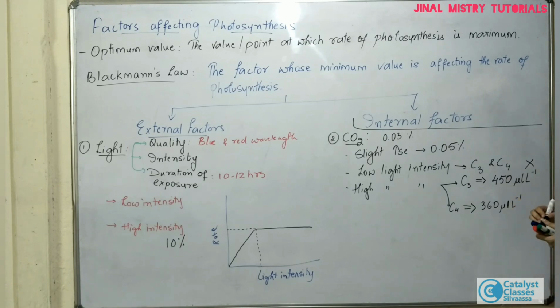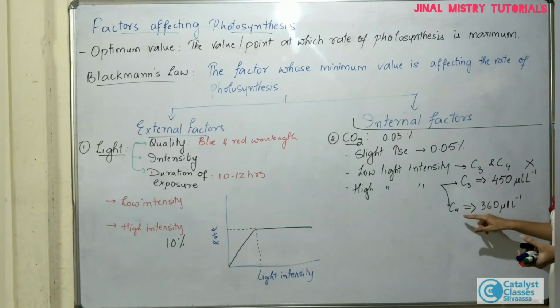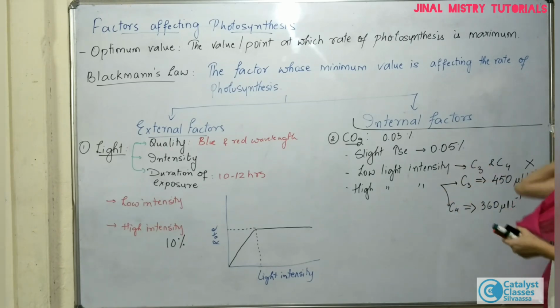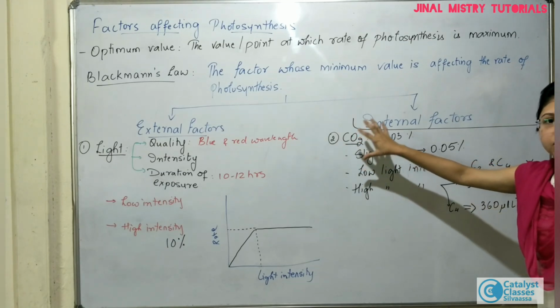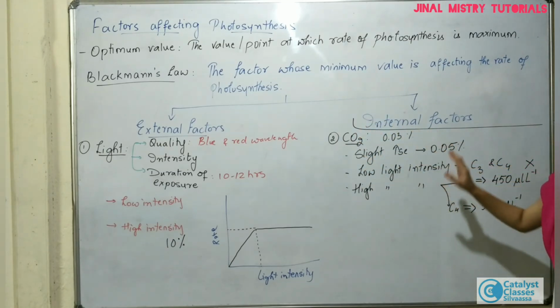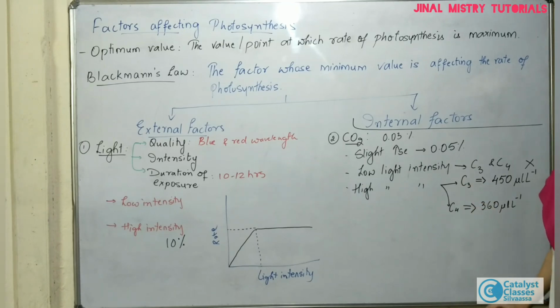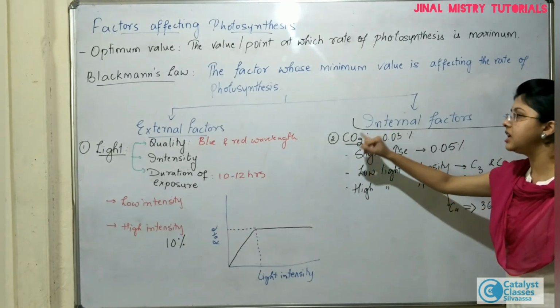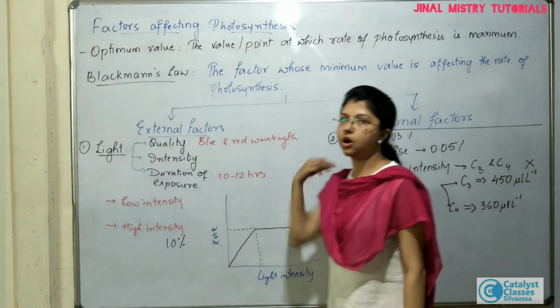So what you see here is that the carbon dioxide saturation for C4 plants is less as compared to that of the C3 plants, whereas C3 plants require high light intensity as well as more carbon dioxide concentration.